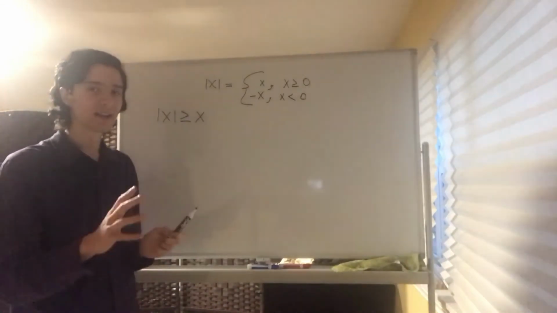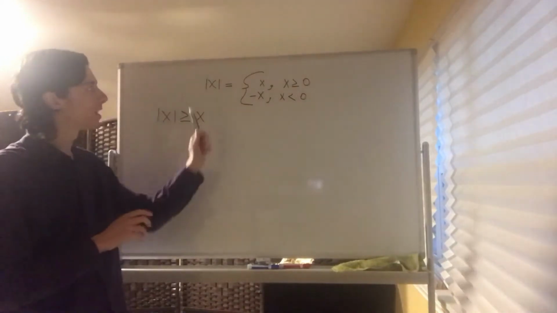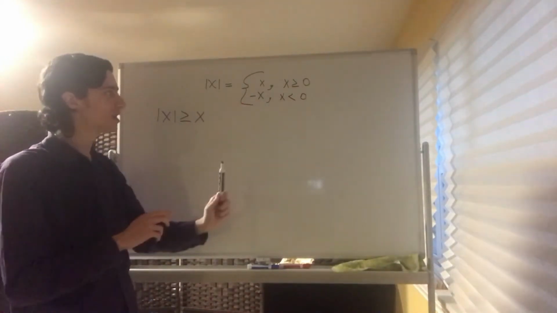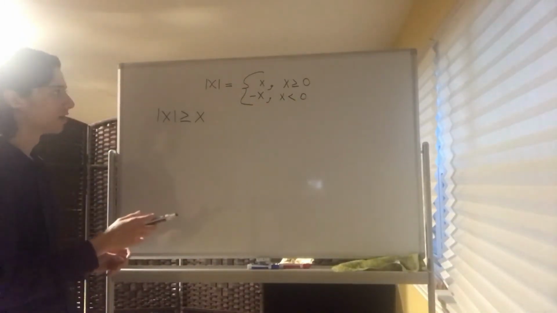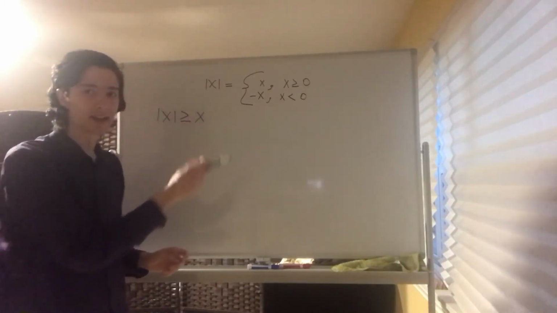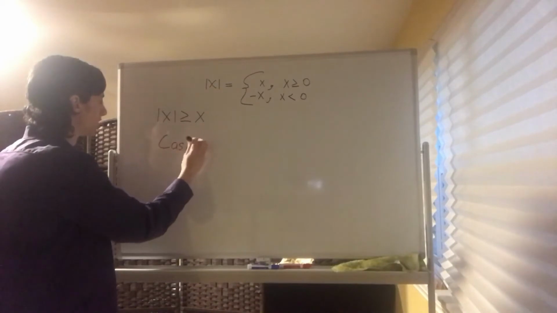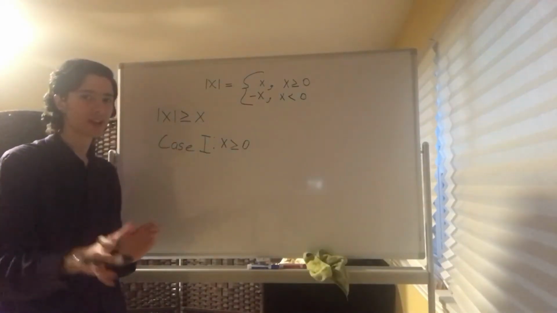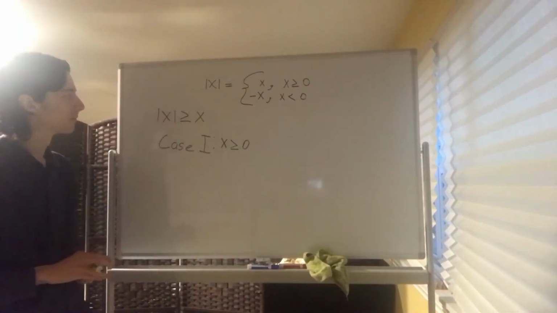Now with that in mind, we can split this into two cases. Just like we define our absolute value under two conditions, we can determine whether this is true under those conditions. So the first case will be when x is non-negative. So we can call this case 1. So in the first case, x is non-negative.